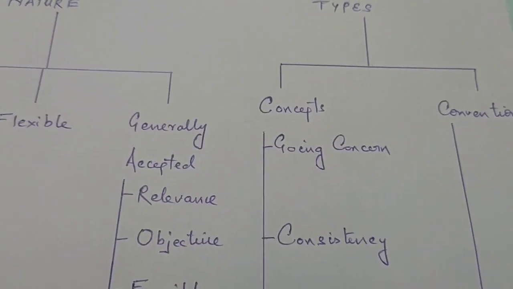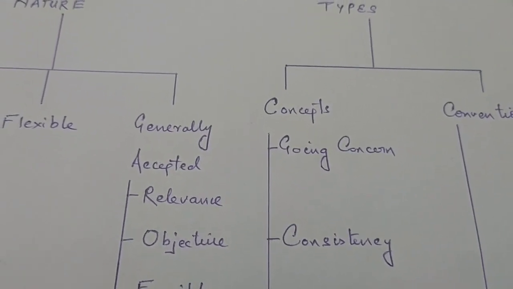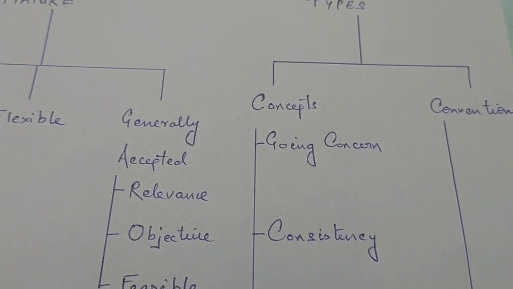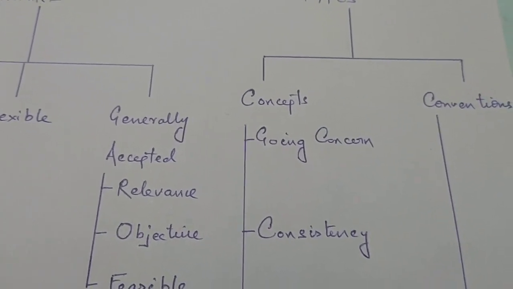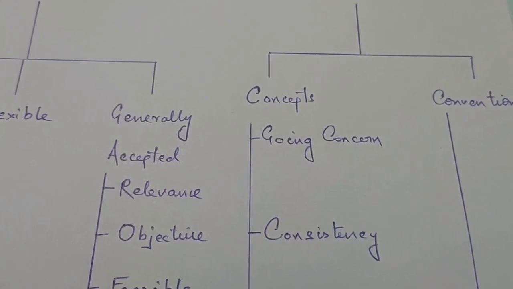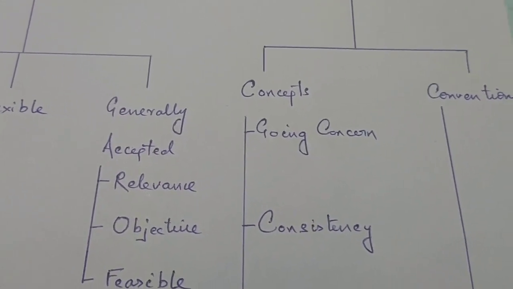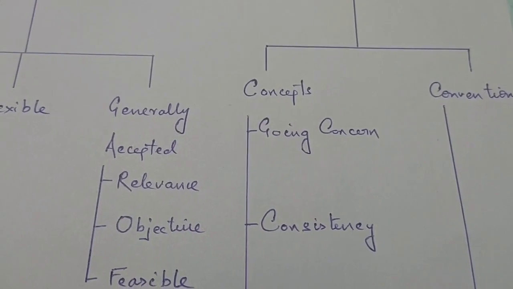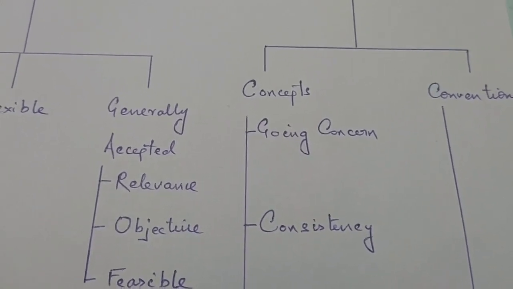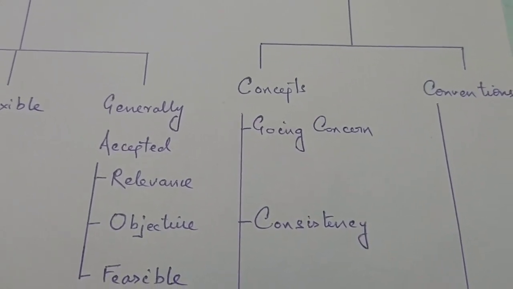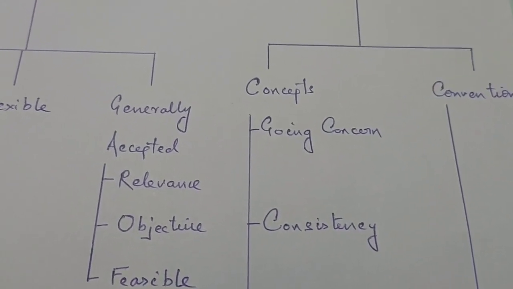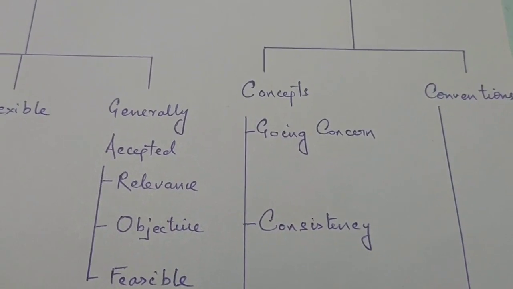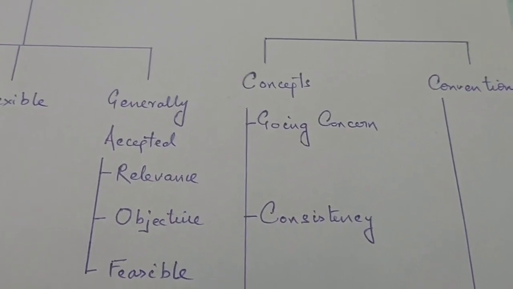Conventions are developed over a period of time by experimenting in accounting. So conventions can also be changed as per the situation and time, and can also be improved. Conventions can be changed for improving the accounting information provided.